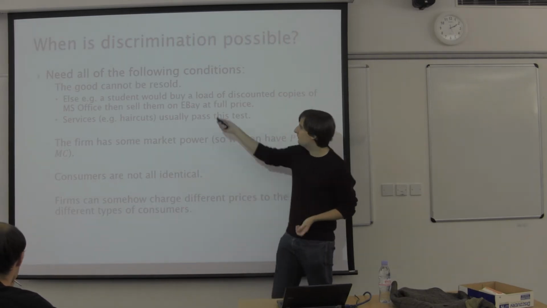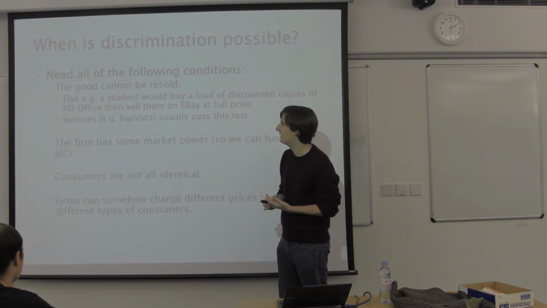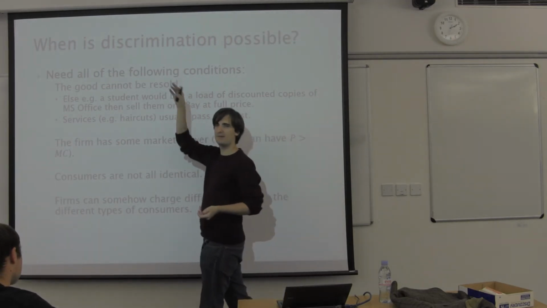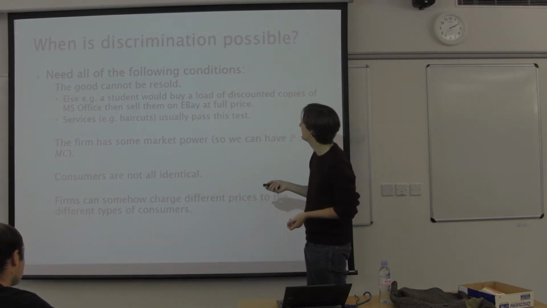So there can't be a resale market, otherwise price discrimination will just disappear. Whoever gets the cheapest price will buy lots and then sell it to the people who pay more.